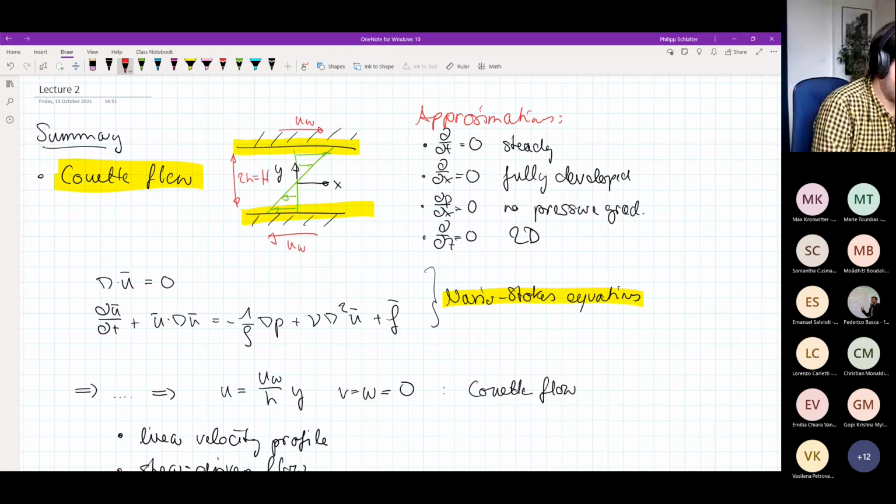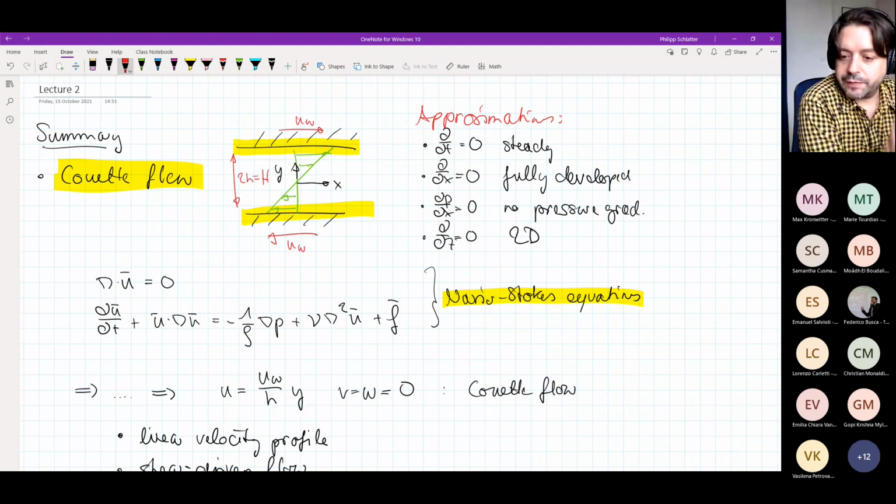So the common approximations are that we can neglect the time derivative if we consider a steady flow. We can neglect spatial derivatives in directions in which we do not expect any development. So that means we are considering a fully developed flow. In this case, it is in the x direction.